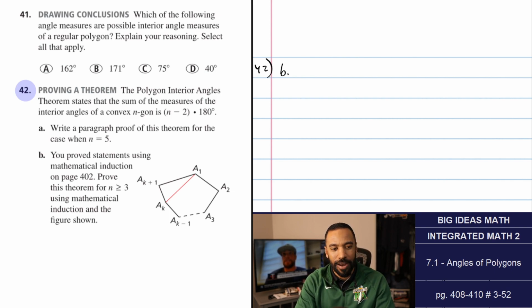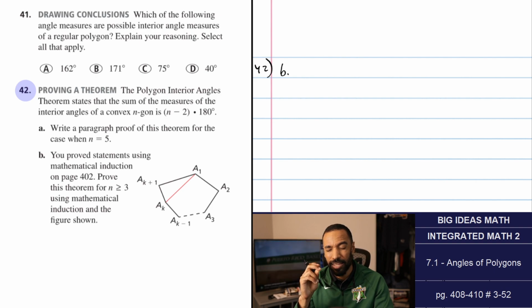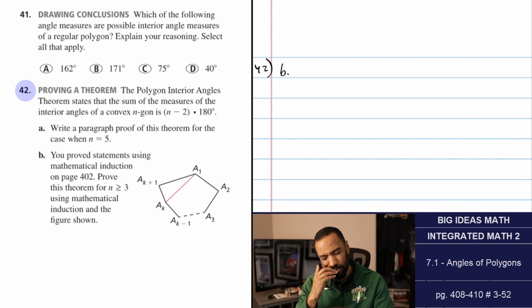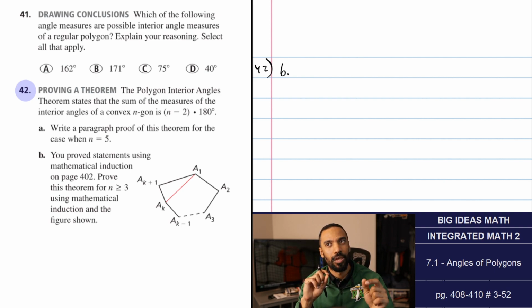Prove this theorem for n greater than or equal to 3 using mathematical induction in the figure shown. Oh, I'm not good at math induction. First, you assume that it works for k, and then you show that it works for k plus 1. Oh, first you assume that it works when n equals, see, the lowest n can be is 3.